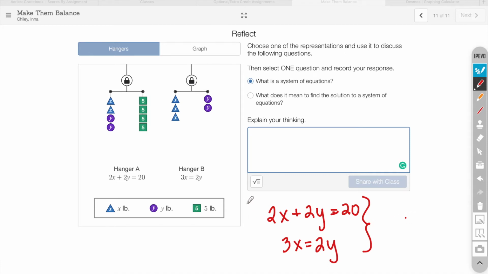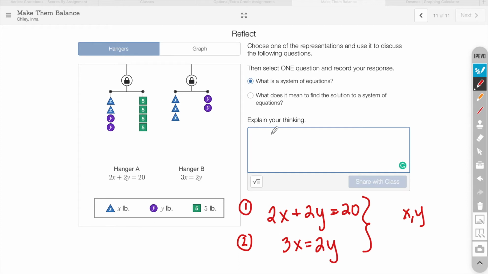Here we have two equations and two unknowns, x and y. So two equations, two unknowns. That's going to be a system of equations.